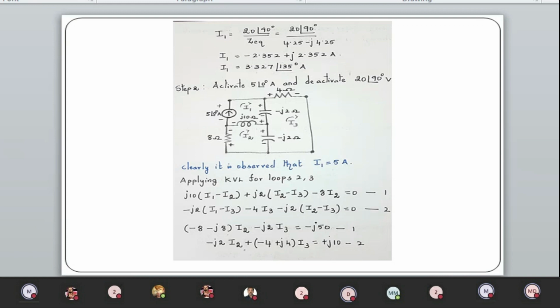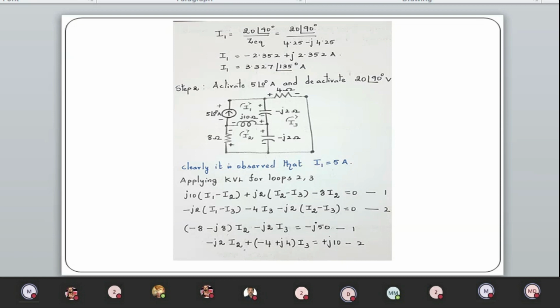Now let us apply KVL at loop 2. Minus to plus is plus, so plus J10 (I1 minus I2).